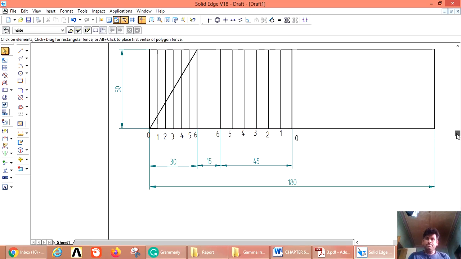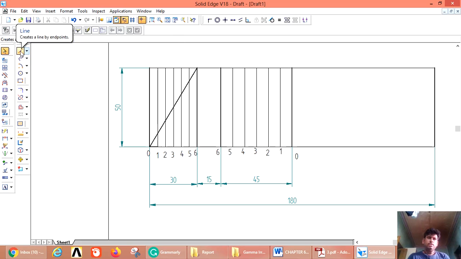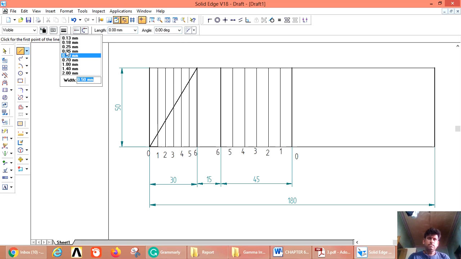Got it, friends? So it is telling that for the first 60 degrees of rotation it is the forward stroke and it is at its highest position. For the next 30 degrees it is dwelling, so it will be at the same position at rest. For the next 90 degrees of rotation it returns to its lowest position.